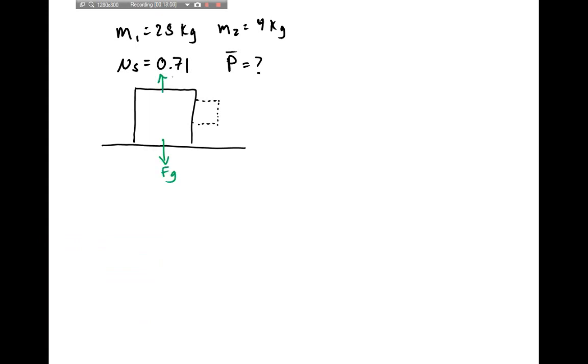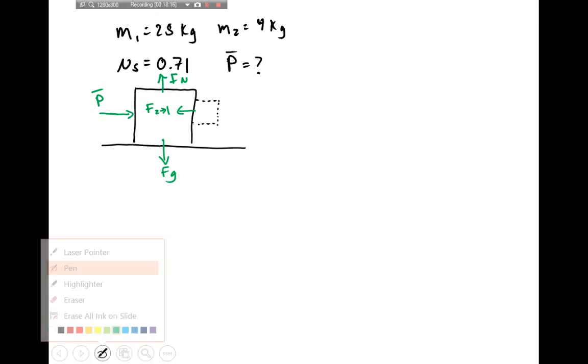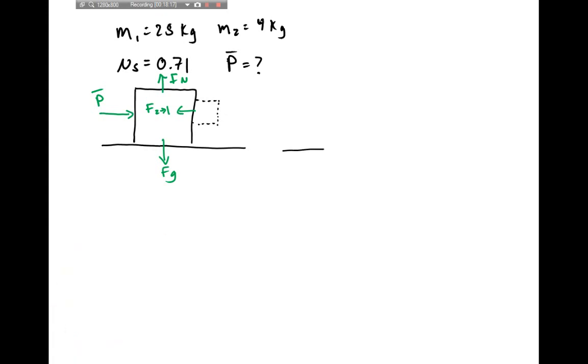They're not really important. Then there's this force P that we're pushing these boxes with. And then there's the force that box 2 exerts on box 1. Likewise, if I draw a free body diagram for box 2, again let me use a little dashed line for box 1 now.